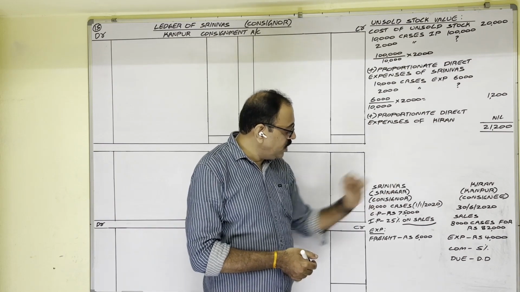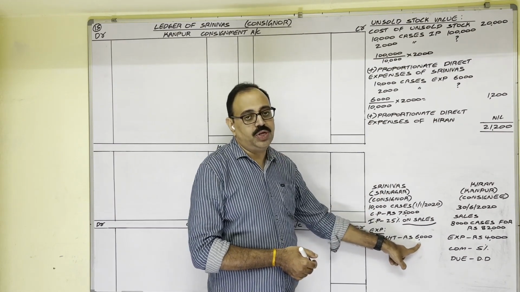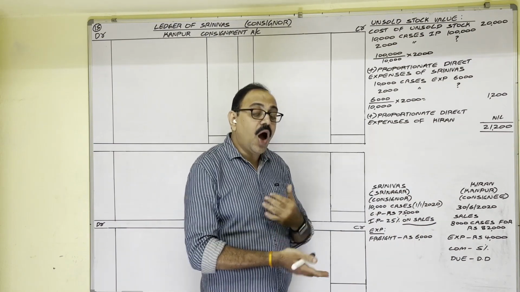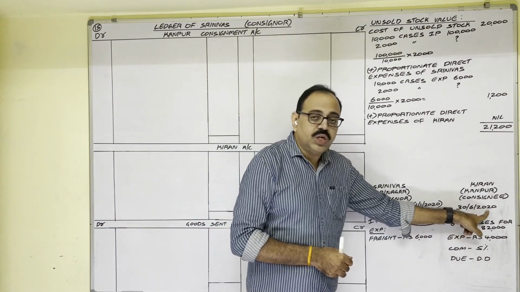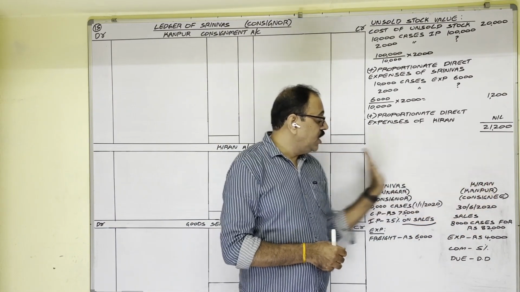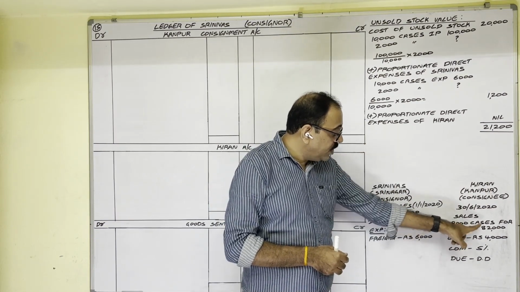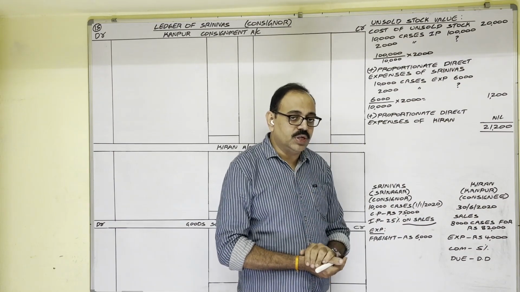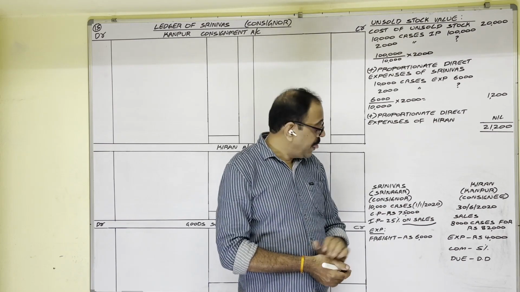Next, to send these goods, the consignor incurred freight expenditure of 6,000 rupees. The consignee received the goods. And after 6 months, on 30th June 2020, the consignee informed that he sold 8,000 cases for 82,000 rupees. The sale price of one case is not 82,000; 8,000 cases are sold for 82,000 rupees.